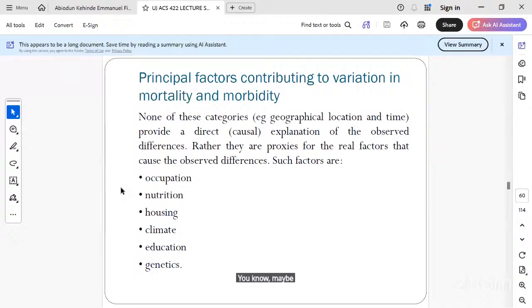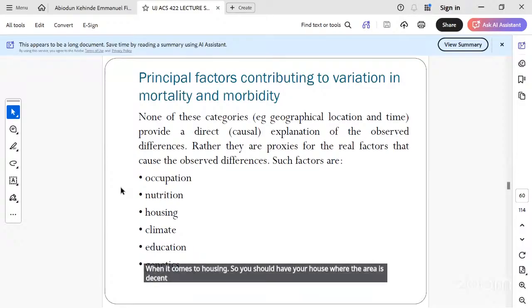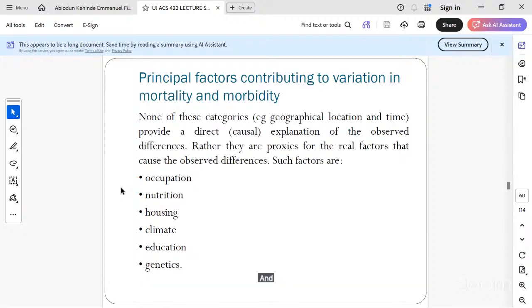Maybe the neighbor, your next building, is where they dump rubbish. And of course, that rubbish might find its way into your water table. If you have a borehole in your house and you take water from there, the household starts having diseases. So all of these are very key when it comes to housing. You should have your house where the area is decent and where you will not have health-related issues as a result of the environment.